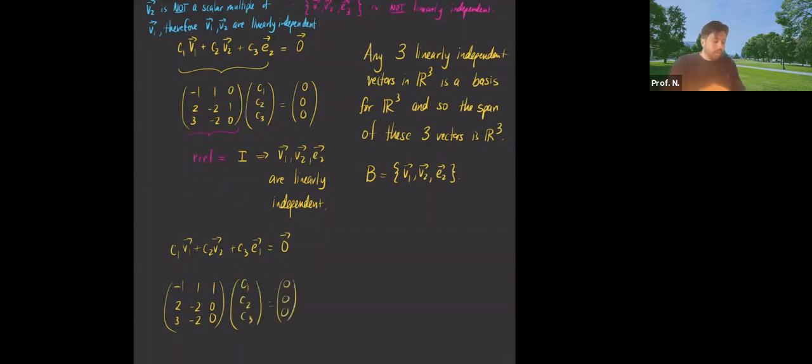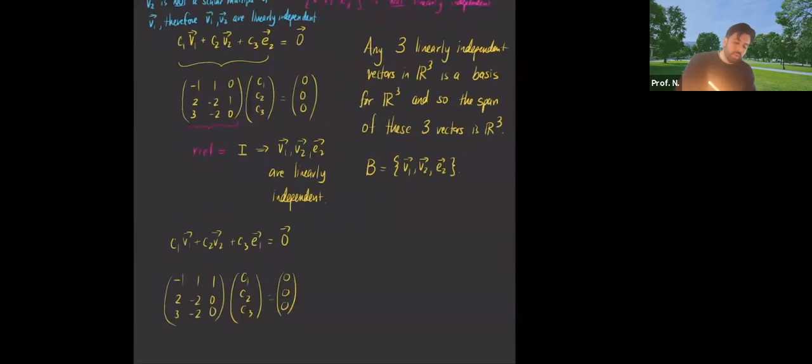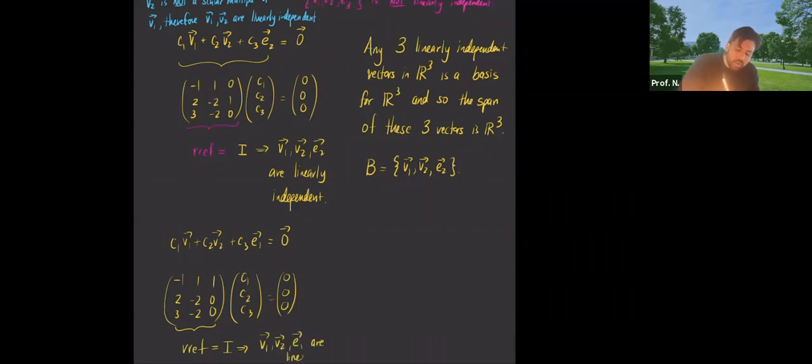And we can quickly put that in our calculator, just edit the matrix that you had originally. So this would be 1 instead. This would be 0. And also this works. The row reduced echelon form of this is I, which would indicate that V1, V2, and E1 are linearly independent.